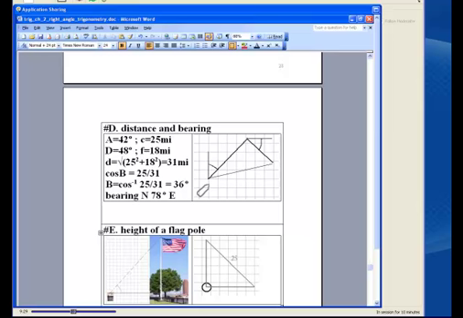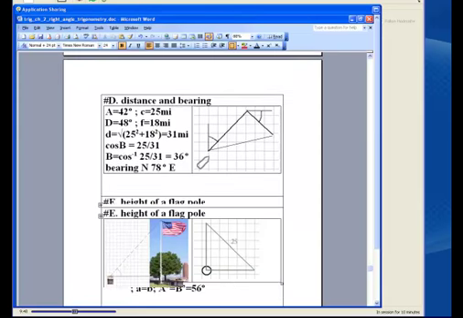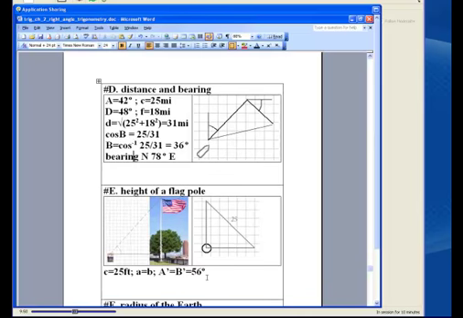Okay, next problem says: height of a flagpole. Two people decide to estimate the height of a flagpole. One person positions himself due north of the pole, and the other person stands due east of the pole.